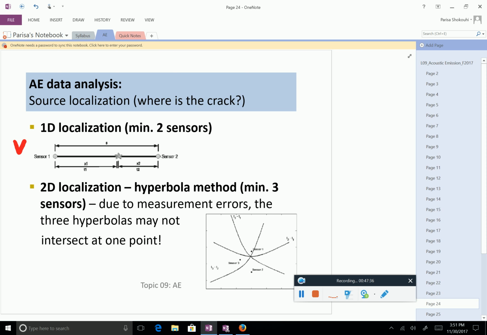No, because you are 50% right. X1 is an unknown, but X2, we know. It's just a function of X1. Okay. So what's going on? Why do we need then two transducers? Sure. But so we don't need sensor 2? Is that what you are saying?